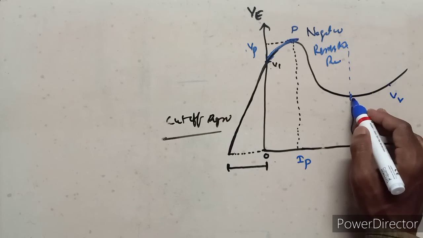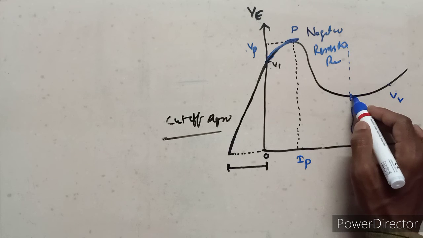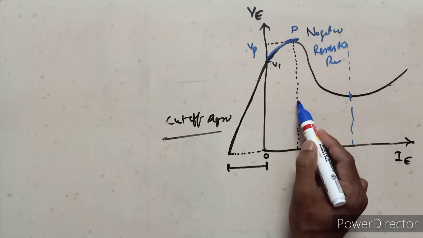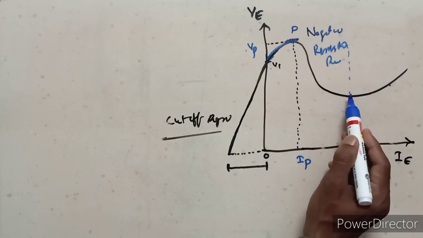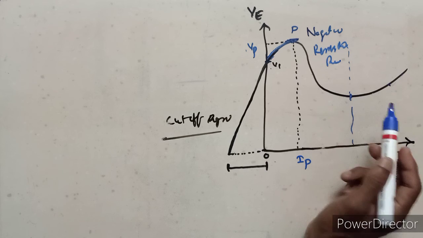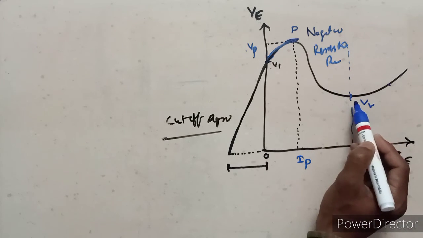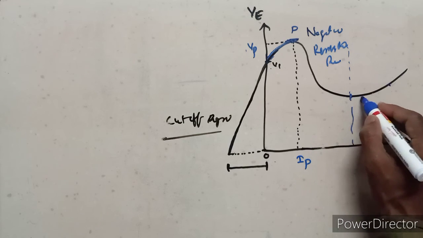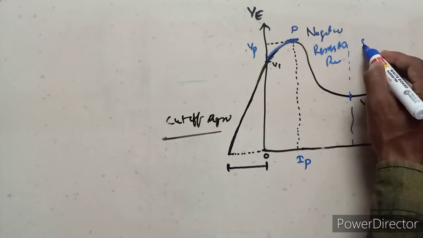This is the valley voltage. So this point to this point is the negative resistance region. After the negative resistance region, at the valley point, the device enters into the saturation region. So this is the saturation region.